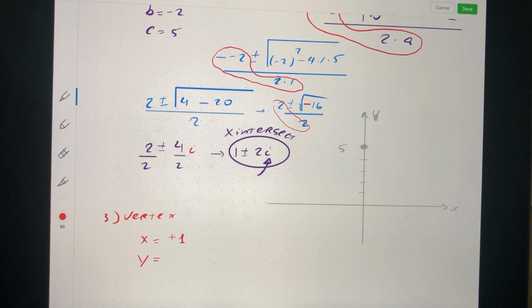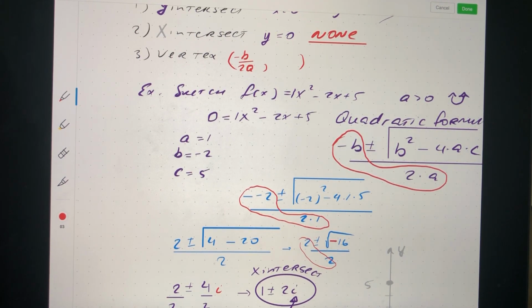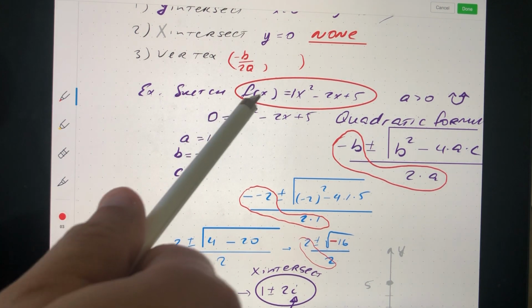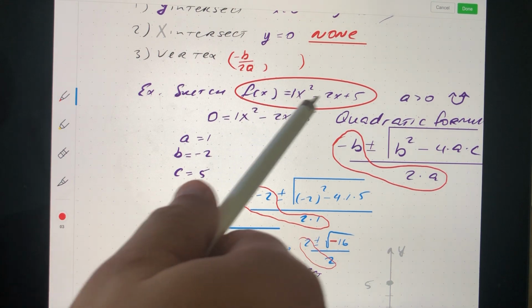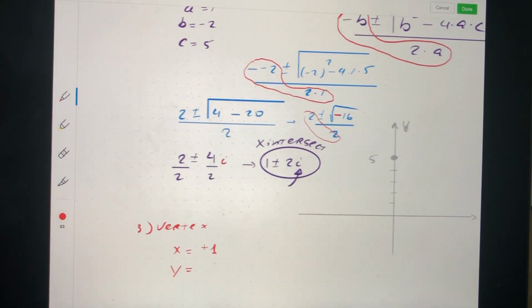What's the y? Well, the y can be found by going back and substituting 1 into our original equation, because this equation finds all the y numbers if we know the x. So if x happens to be 1, the original was x squared minus 2x plus 5.